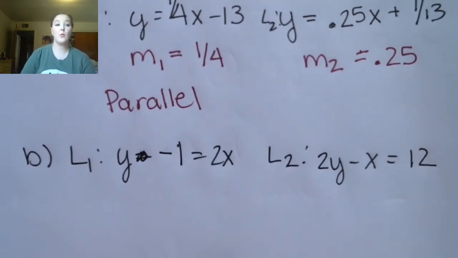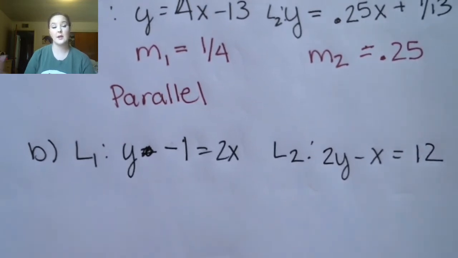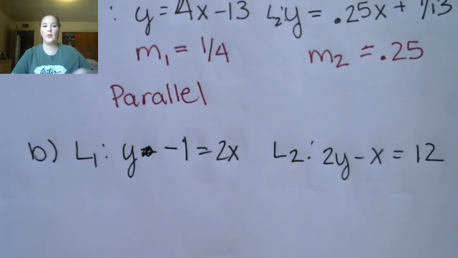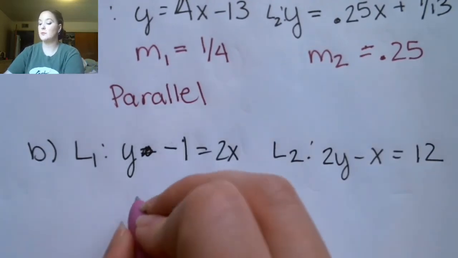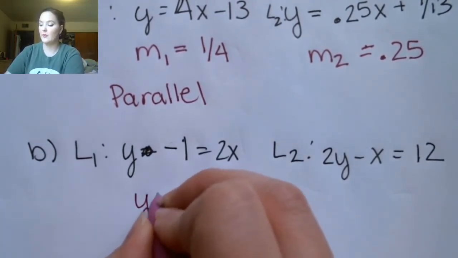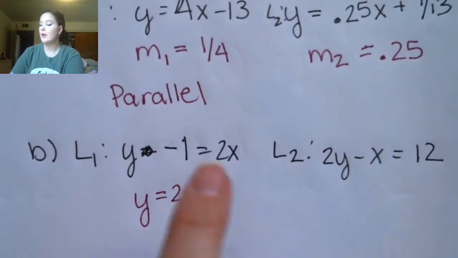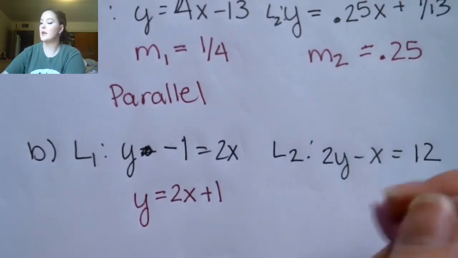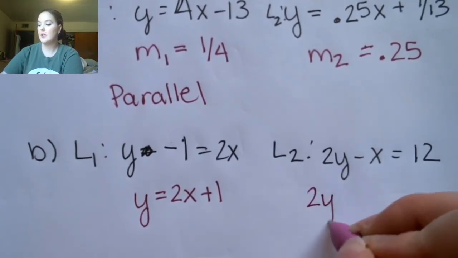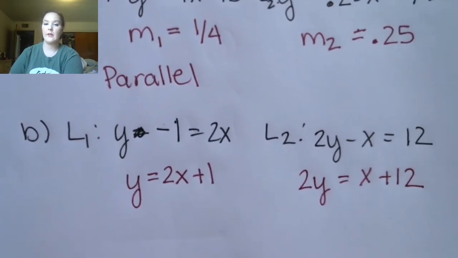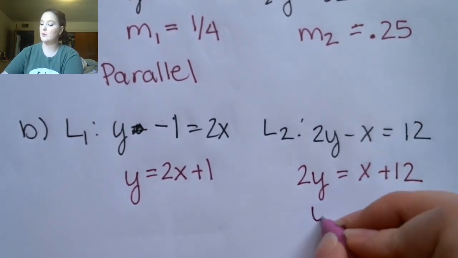We still want to find the slope of them because that's how we're going to answer this question, so the first thing I'm going to do is put the lines into slope-intercept form. For this one I just add 1 to both sides. Here I'm going to add x to both sides, and then I'm going to divide both sides by 2.